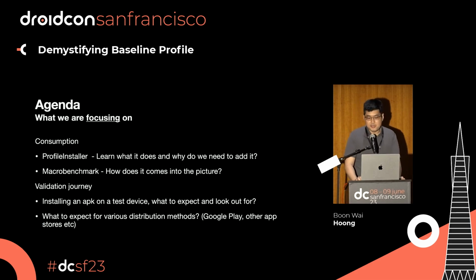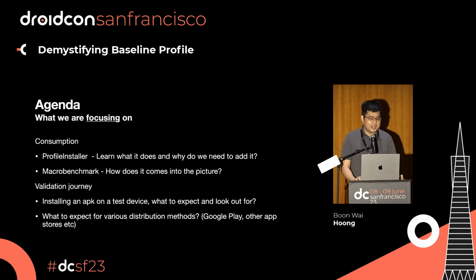For the agenda today, we are trying to focus on the consumption side of things. For the profile installer, we want to learn what it does and why we need to add it. Then macro benchmarks, and how they come into the picture. And the whole validation journey itself: from installing an APK on a test device, to what to expect and look out for.